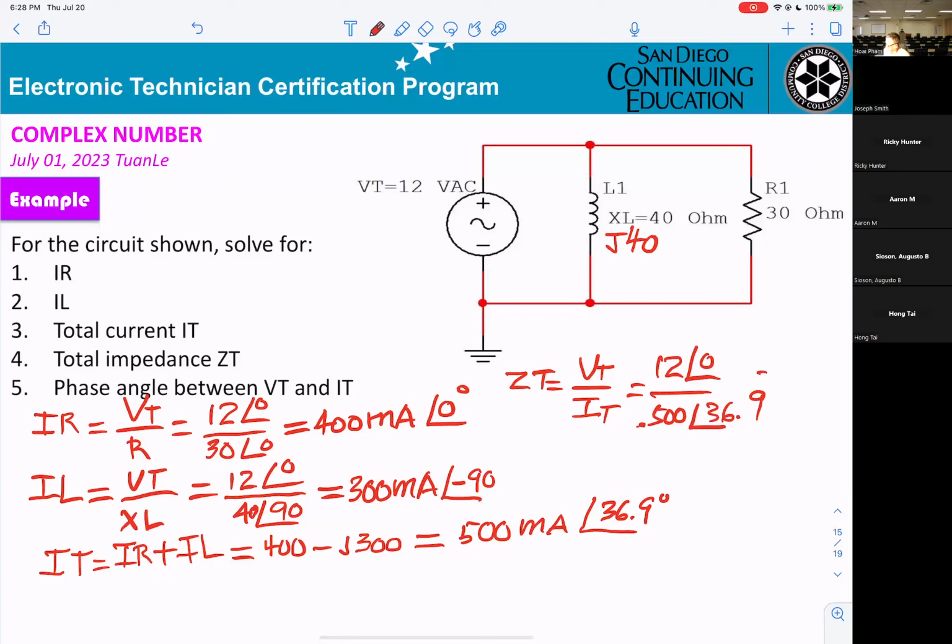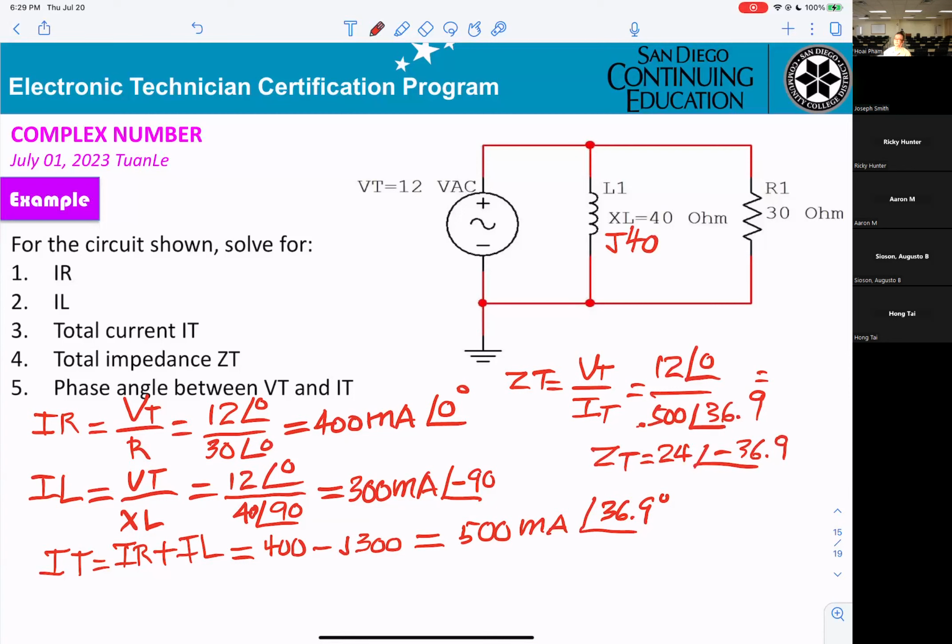And then the angle is going to be minus 36.9. 24 at an angle of negative 36.9, yeah. Now the phase angle is going to be different because this is parallel and not series.